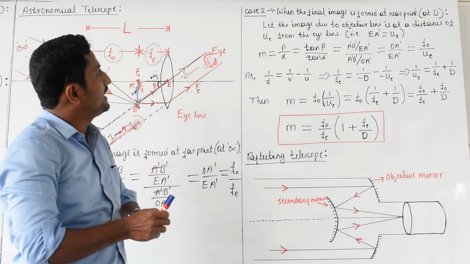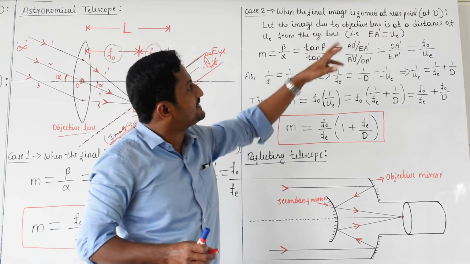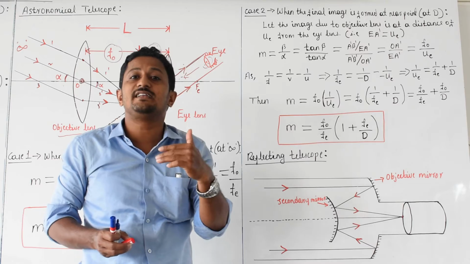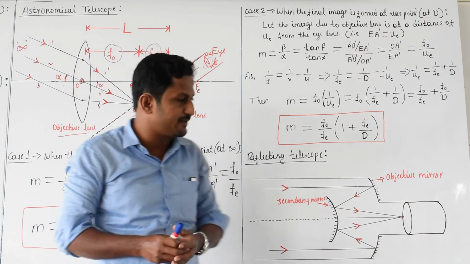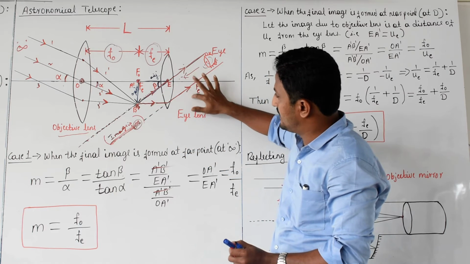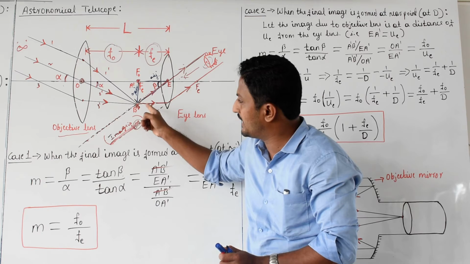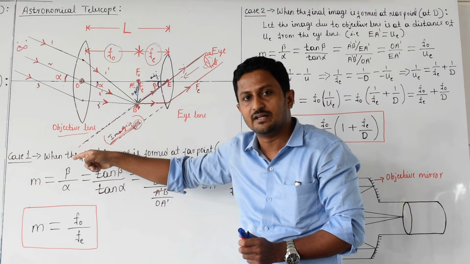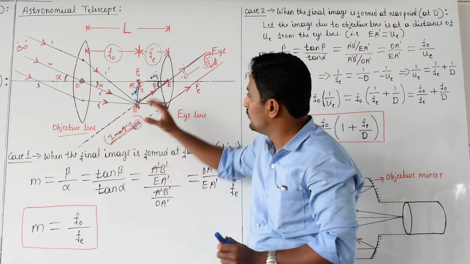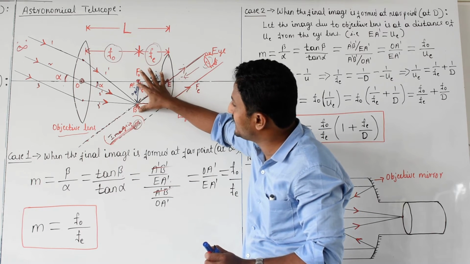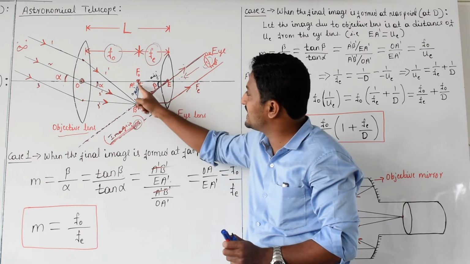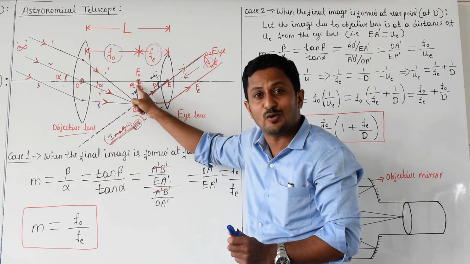Similarly, one more case. Case 2: when the final image is at the near point, I mean the D point. What does it mean? Look at this diagram. Here, the final image is at infinity. Now, to get the final image at the D point, we should take this object A'B' between its optical center and principal focus point.